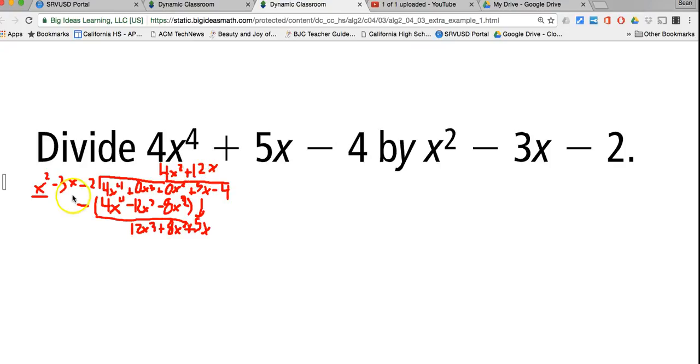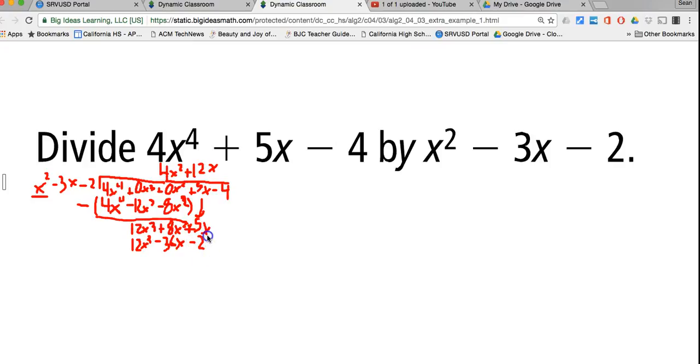Now 12x times x squared gives us 12x cubed. 12x times negative 3x gives us minus 36x squared. And 12x times negative 2 gives us minus 24x.